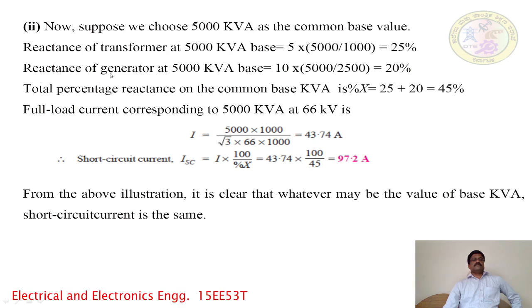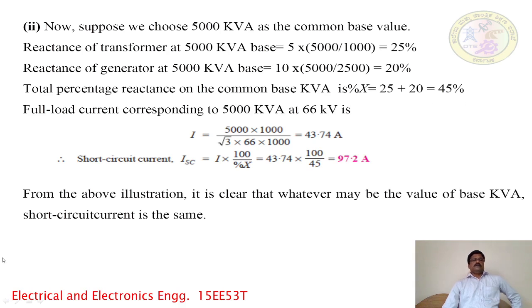Next, the reactance of the generator at 5000 kVA base is 20%. Therefore the total percentage reactance on the common base kVA is 25 plus 20, which is 45%.